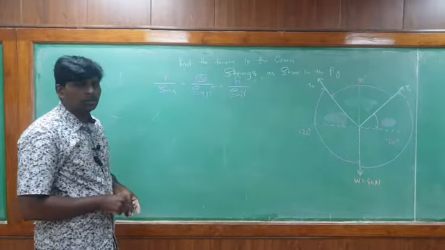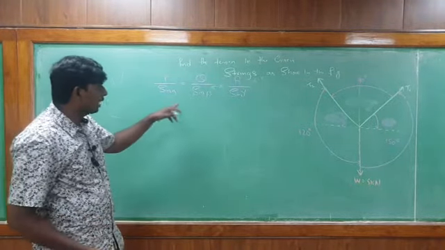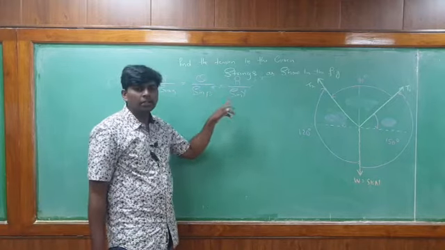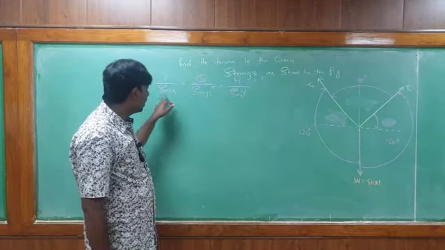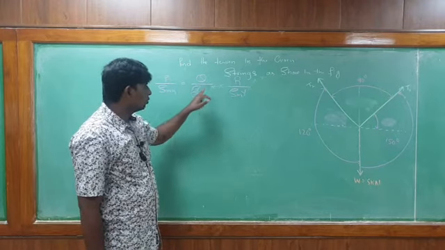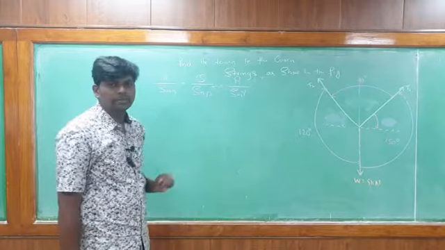What is the formula? P by sin alpha is equal to Q by sin beta is equal to R by sin gamma. This is the Lamé's theorem formula.